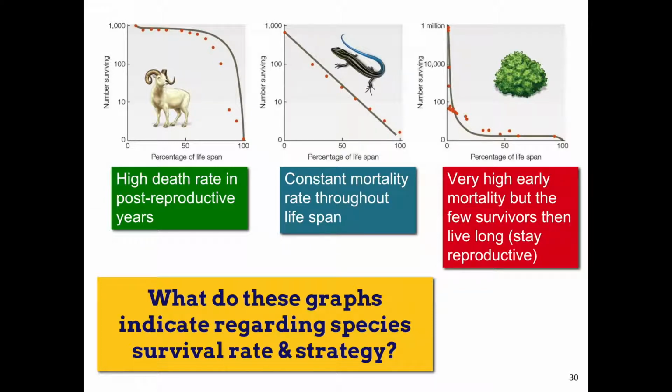What we can see from the example shown here are the three principal types of survivorship curves, type 1, 2, and 3 from left to right, which correspond to the pattern of mortality. Whether most mortality occurs late in life, is even throughout life, or is concentrated early in life, is what we see in each of those three curves.